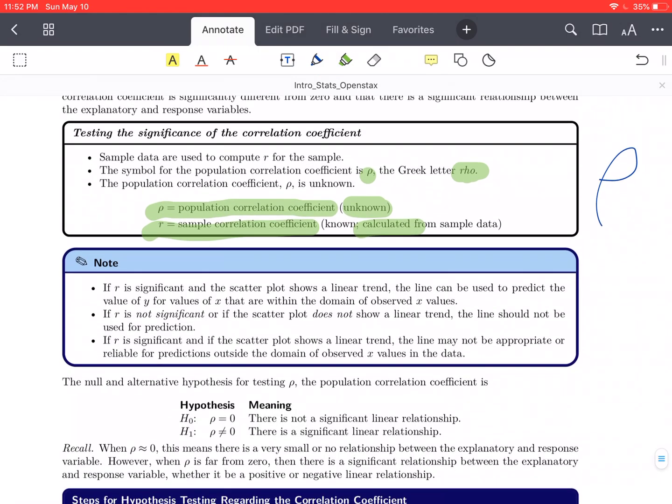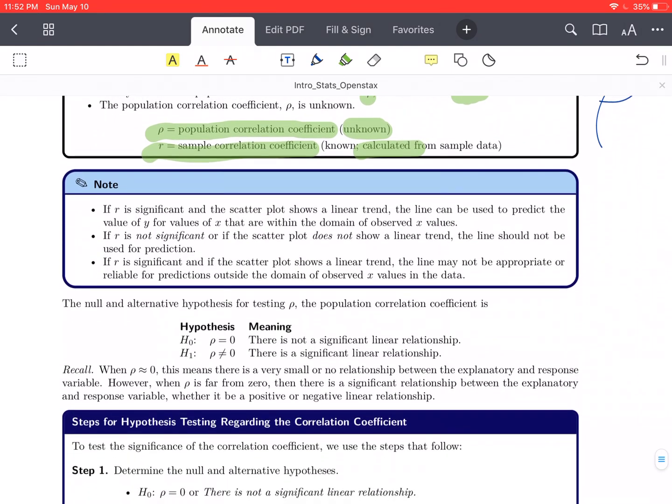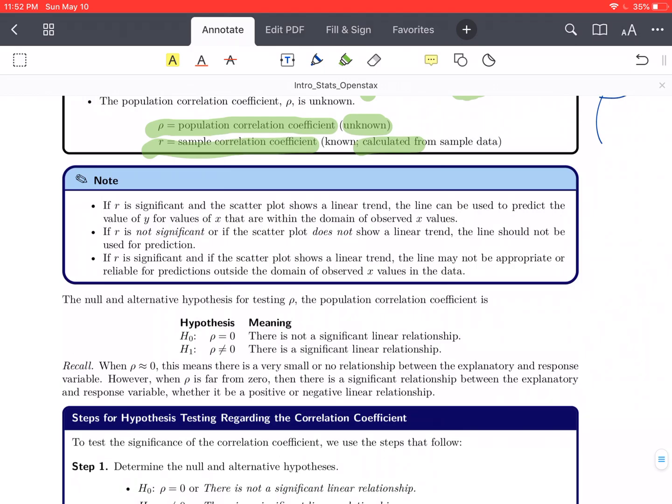All right, so note, if r is significant and the scatter plot shows a linear trend, the line can be used to predict the value of y within the domain, so we're not extrapolating beyond that. If r is not significant, or if the scatter plot does not show a linear trend, the line should not be used for prediction. And even if r is significant and the scatter plot shows a linear trend, the line may not be appropriate or reliable for predictions outside of the domain of observed x values.